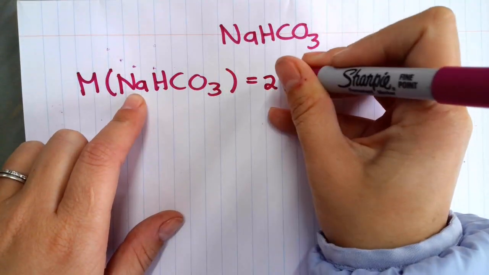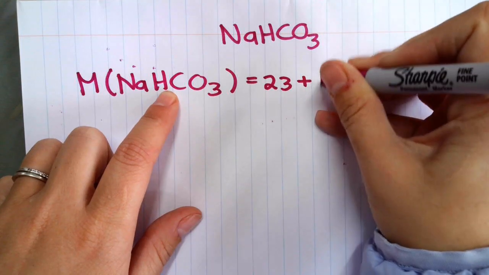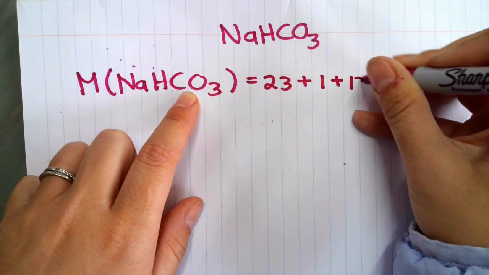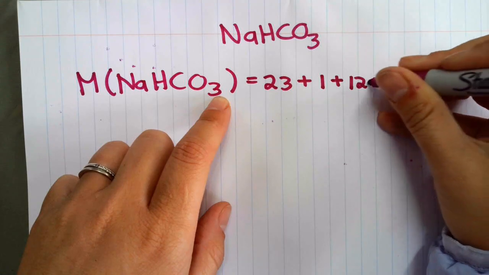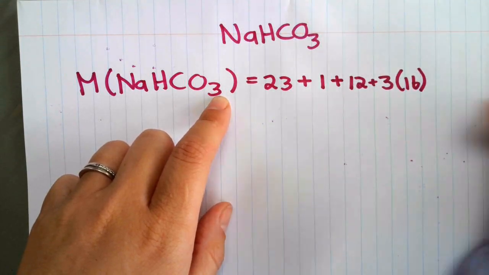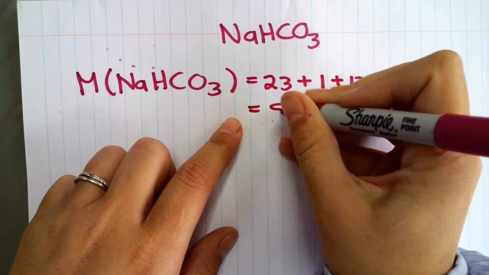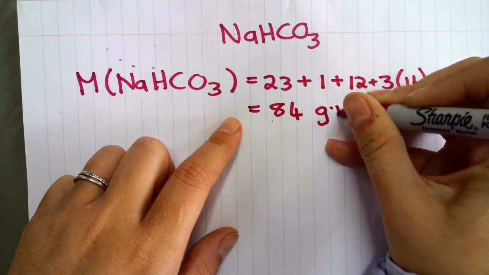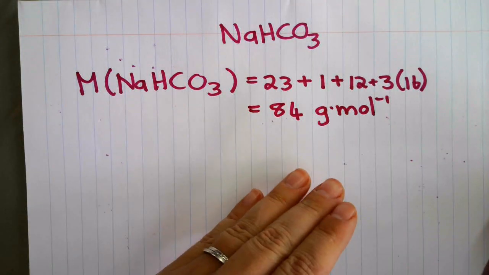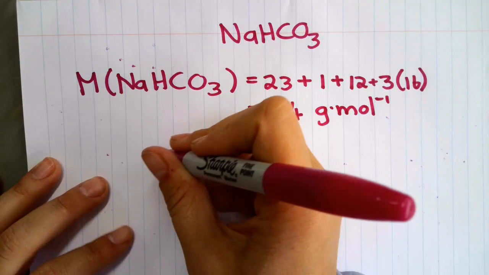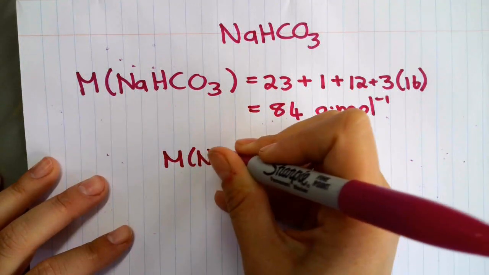Natrium is 23, hydrogen is 1, carbon is 12, en ons 3 suurstowwe. So, you're going to say 3 times 16. Dit gee vir jou totaal van 84 gram per mol. Now, individually, you've got each one as the following.